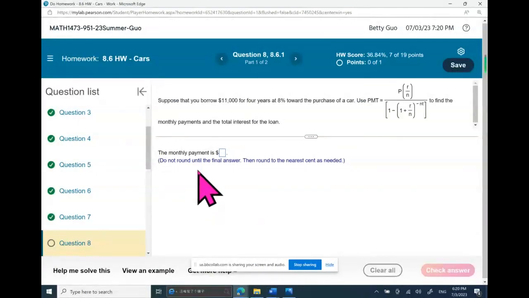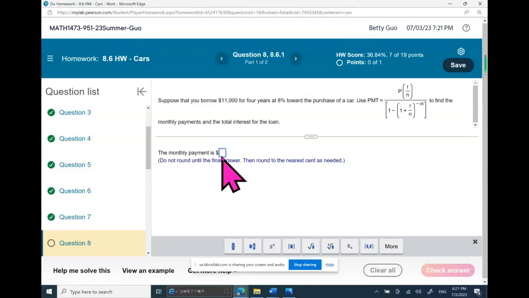Please always read the information in the parentheses. Super important for this chapter, also for your test. I have seen my students get a low score because they did not pay attention to the sentence in the parentheses. They did not round the answer as required. It says do not round until the final answer, then round to the nearest cent as needed.